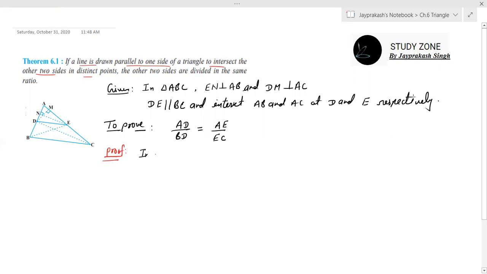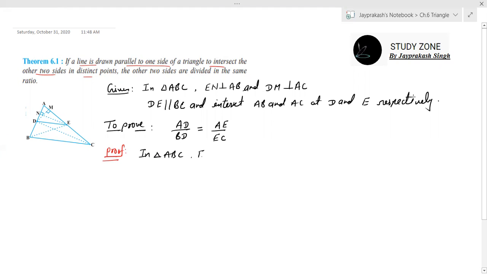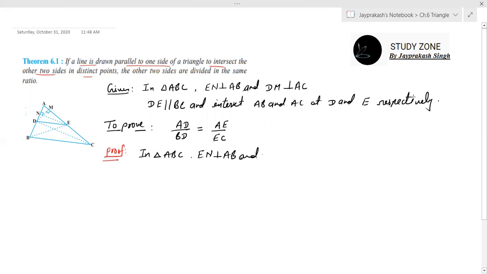So again we will write some part of the given. So in triangle ABC, EN perpendicular to AB and DM is perpendicular to AC. Or you can write it as a separate heading, construction, because we are drawing this one, DM perpendicular and EN perpendicular.